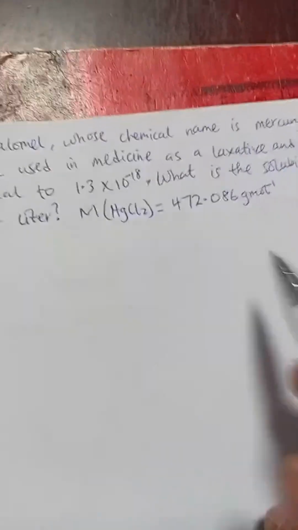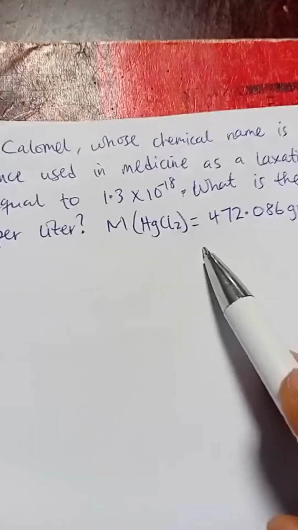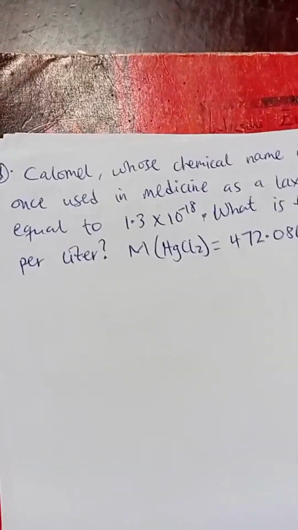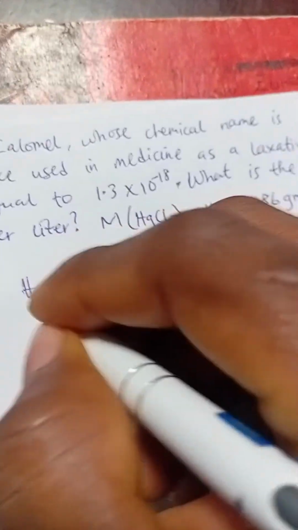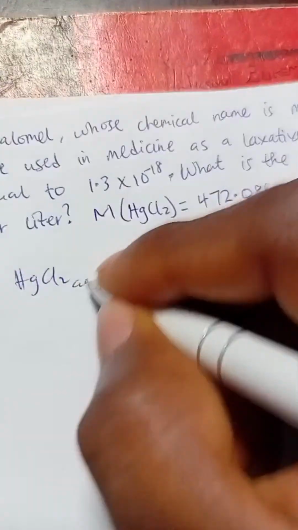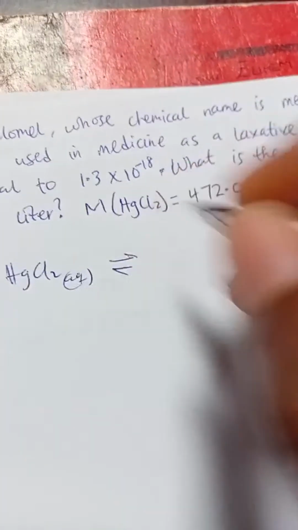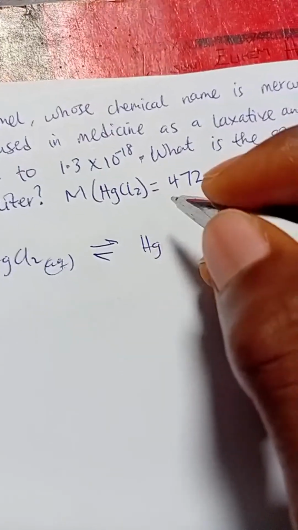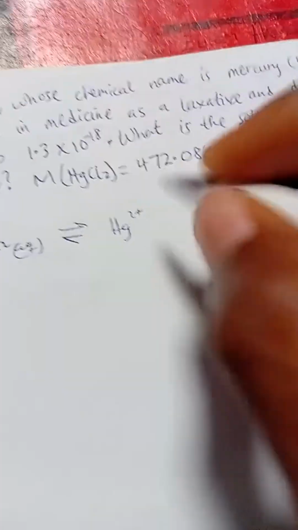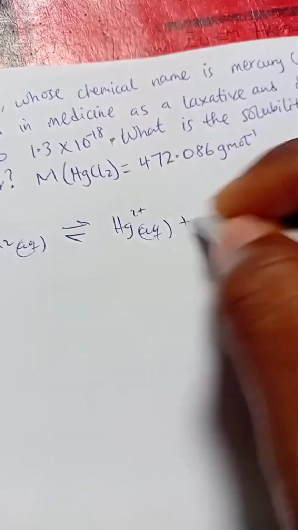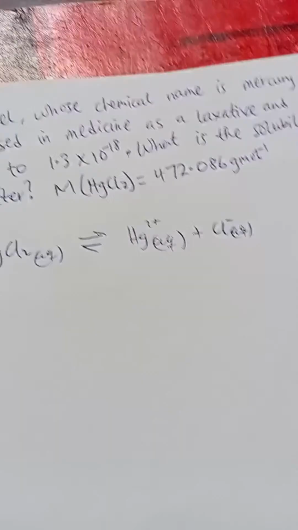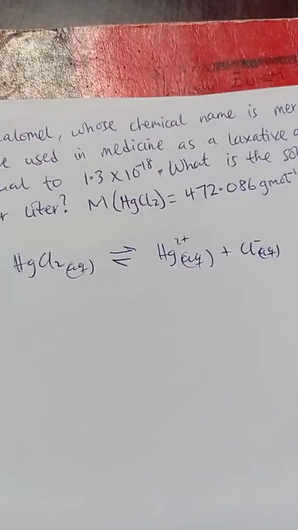So let's go. We have our source HgCl2. So in aqueous medium, we are going to get Hg2 plus aqueous plus Cl minus aqueous.